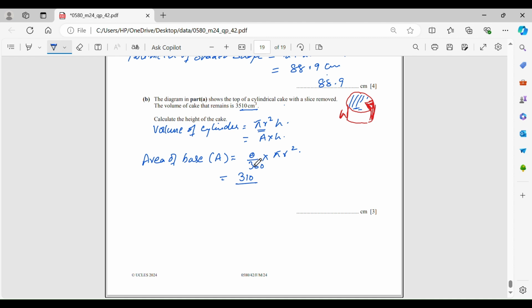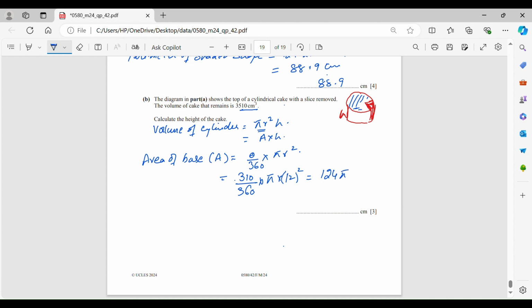Which is equal to theta, 310 by 360, into pi into 12 squared, which by calculator will be approximately equal to 124 pi, right?